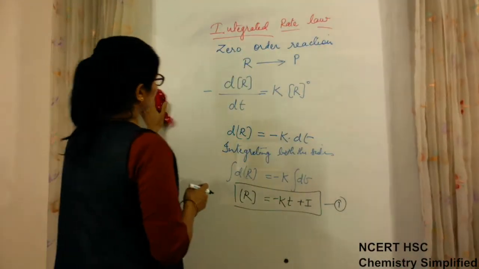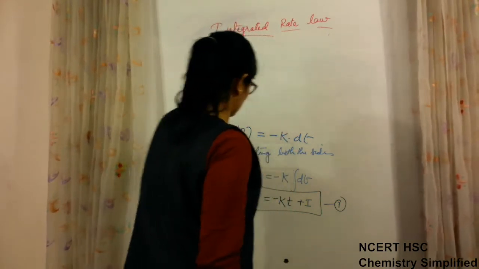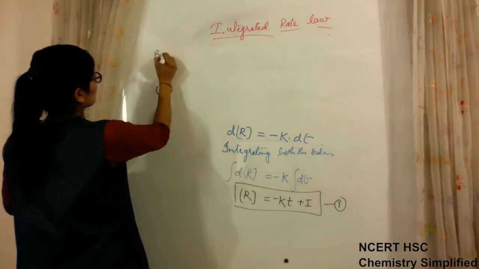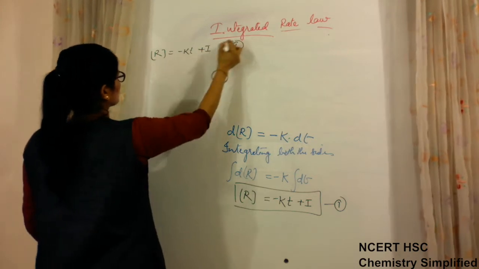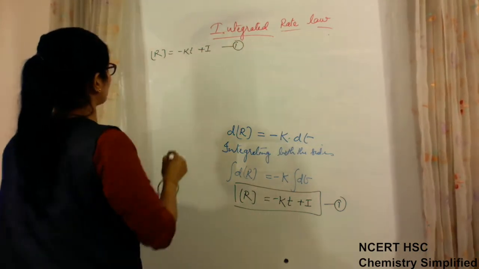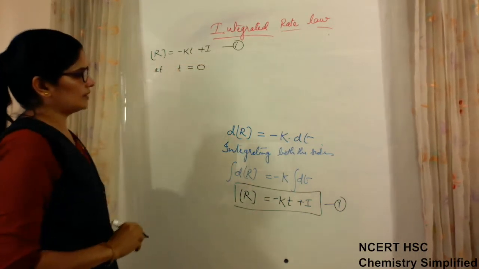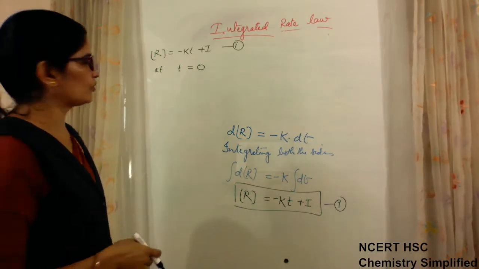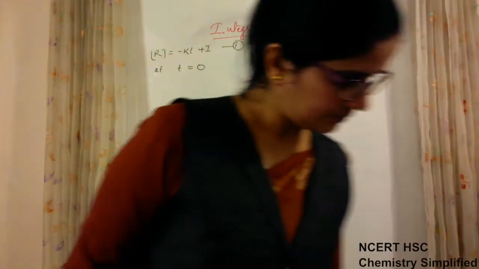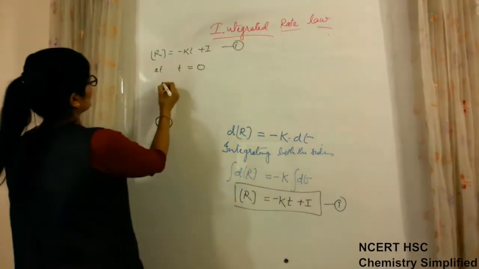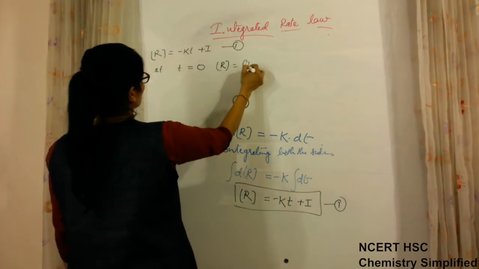Now in this equation, R is equal to minus kt plus I, which is equation number 1, we will place one condition that at time t is equal to 0, that means initially, when it was the initial concentration, R will be equal to R0.